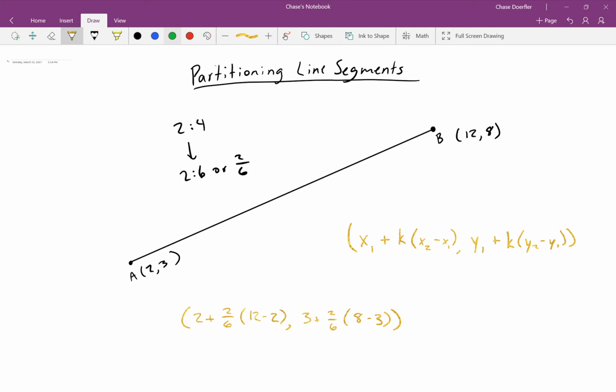And keep in mind, the x1 I underlined, and the y1 I underlined as well. And I'm just going to put, for reference, 2/6 is equal to k.